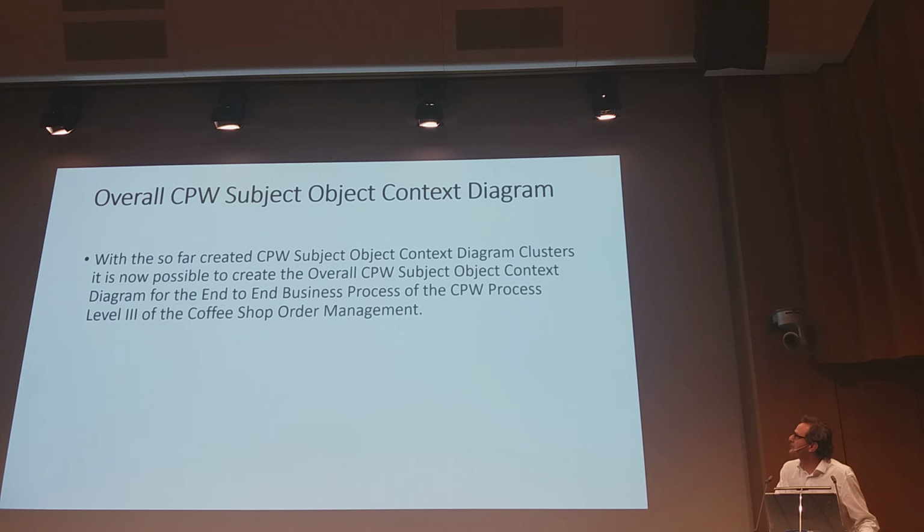So now we are coming to the next. With the so far created CPW subject-object context diagram clusters, it is now possible to create the overall CPW subject-object context diagram for the end-to-end business process of the CPW process level 3 of the coffee shop order management.